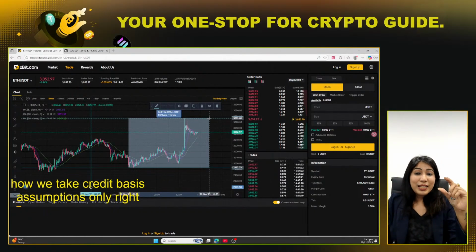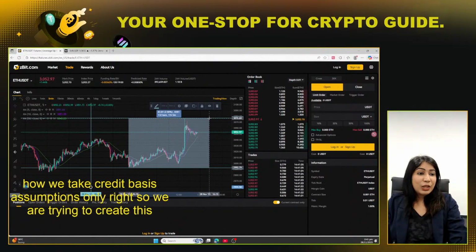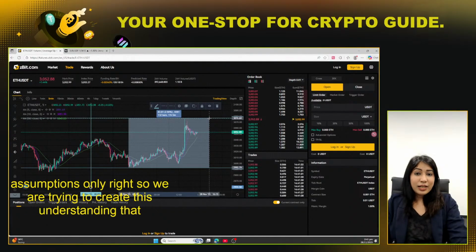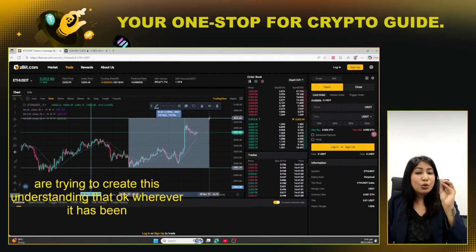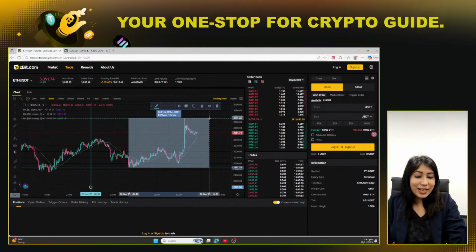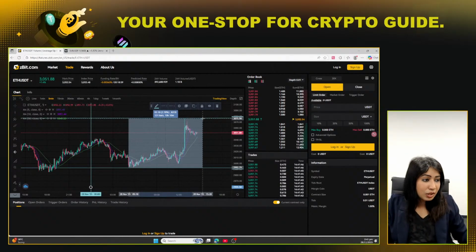So we are trying to create this understanding that from when the day started till wherever it has reached, it was able to reach around 2.8%. So what are my chances, if I'm taking a trade in my current scenario, that it will be able to sustain that 2.8% rate that it has grown, and how much time did it take?